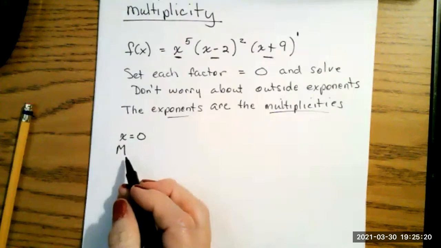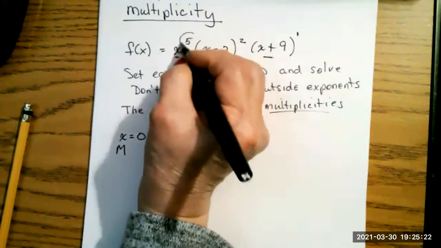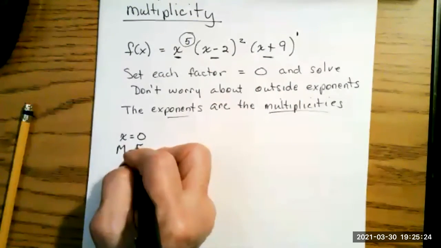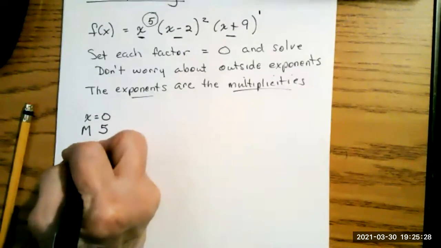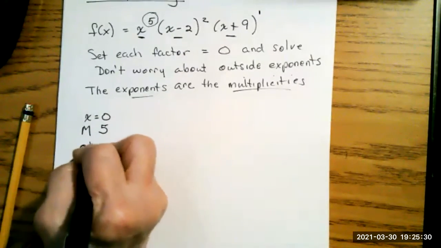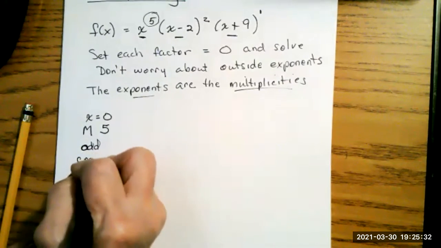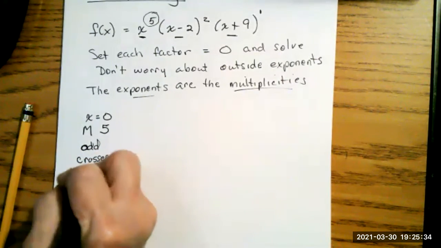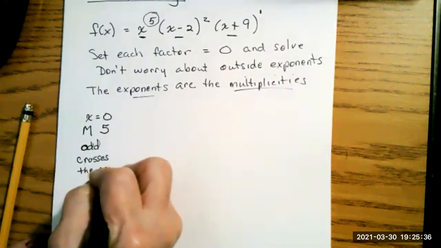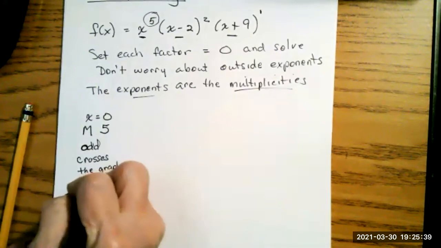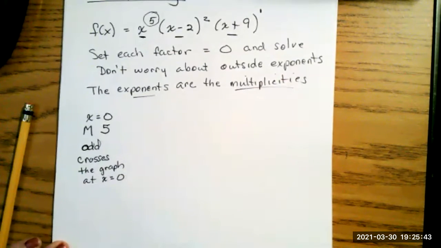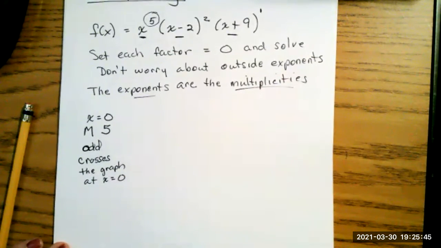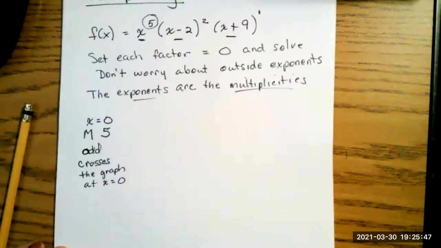The multiplicity of it is the exponent, which is 5. 5 is odd. So that means it crosses the graph at x equals 0. It goes across the graph. Odd ones cross, even ones touch.